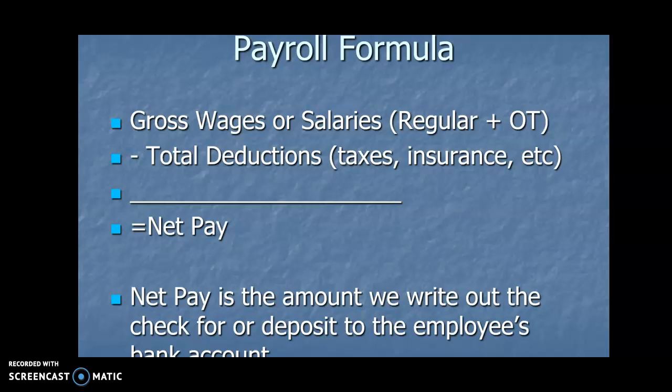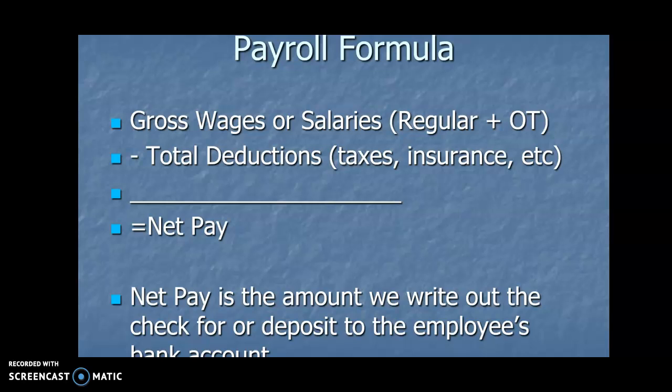We're going to subtract out all their deductions that come out of the checks. That includes any taxes, such as federal income tax and state income tax. It includes any insurance, like health insurance and life insurance. Various other things, if they have to pay child support out of their check, whatever.